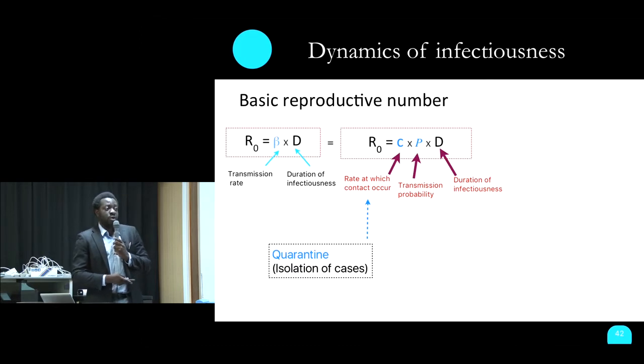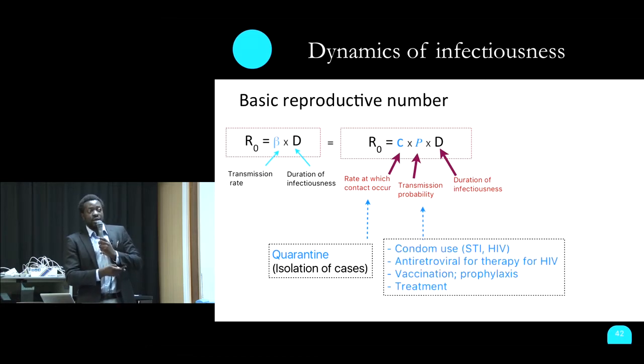For example, when we do isolation of cases, generally referred to as quarantine, we are decreasing the rate of contact. When we decrease the rate of contact, we are decreasing the transmissibility of the infection.